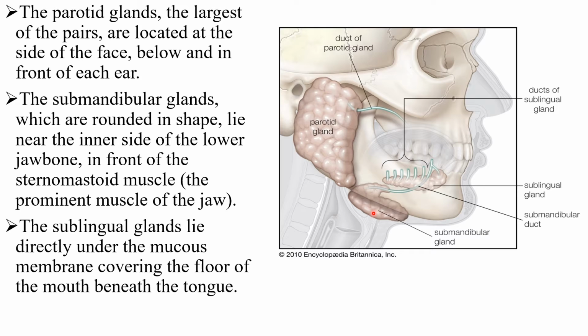The sublingual glands lie directly under the mucous membrane covering the floor of the mouth beneath the tongue. So these three are the very important and major salivary glands present in the buccal cavity of human beings.